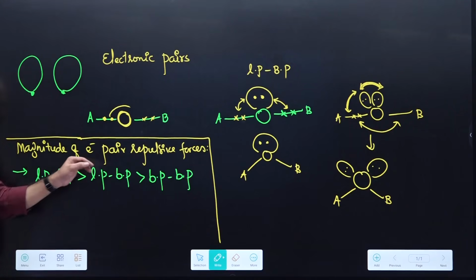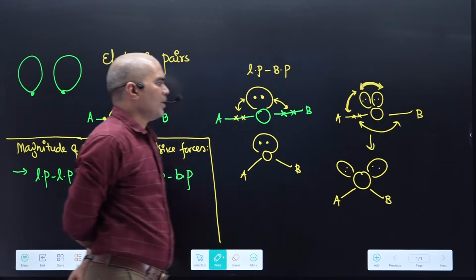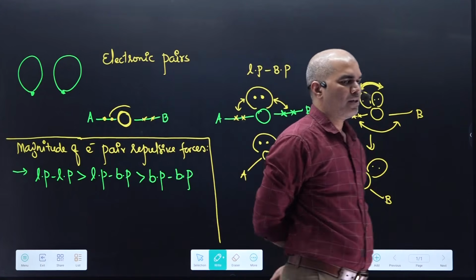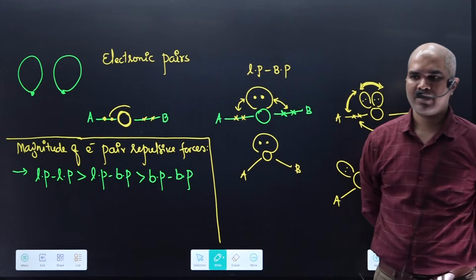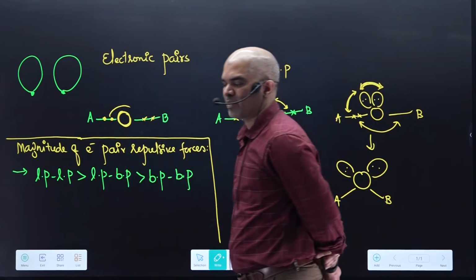Completed this one, magnitude of electron pair repulsive forces. So who is more dominating? Lone pair will dominate a lot. Reason: lone pair is the localized pair. Write down a point.